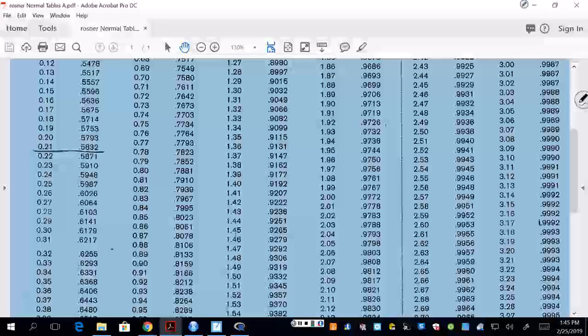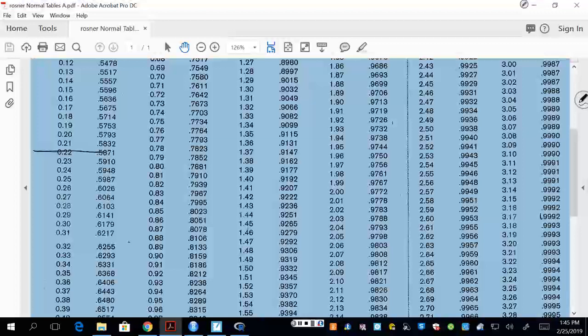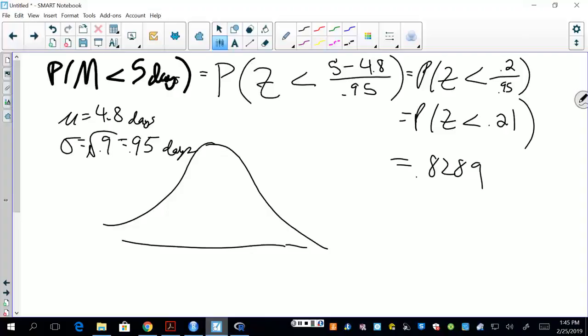I'm looking across here at that one. Wait, how'd you get the 0.2? Yep, so you needed to get the 0.21: 5 minus 4.8 divided by 0.95. So 0.21 is the z-score.